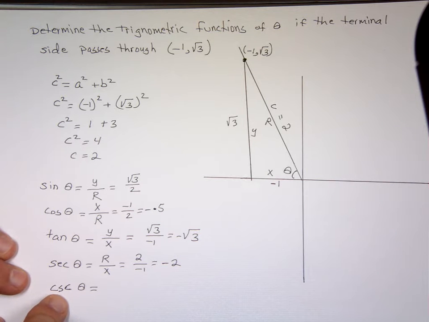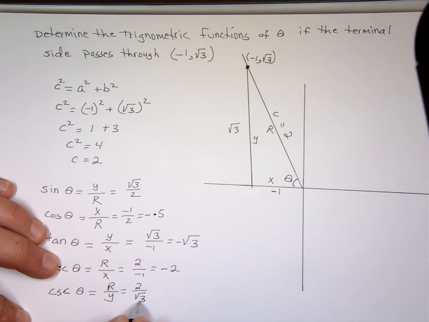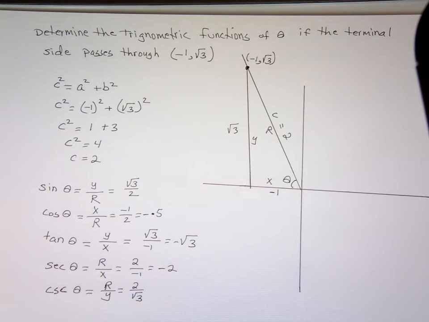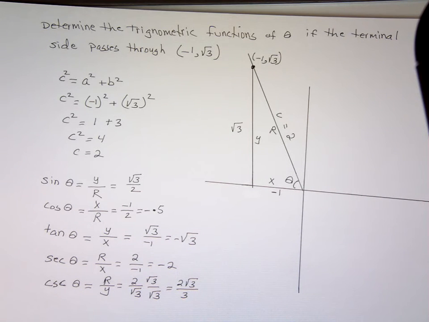You take your sine and flip it. R over y. R is 2, y is the square root of 3. We don't like to see a square root. You multiply the top and the bottom by the square root of 3. To the square root of 3 over 3.